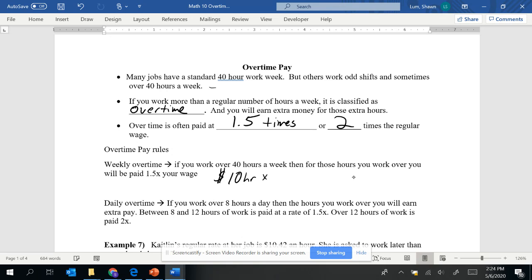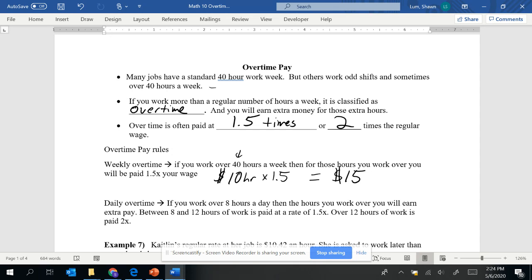You are times 1.5. You are making $15 an hour for the hours that you work over 40 hours, and that is what we call weekly overtime pay.